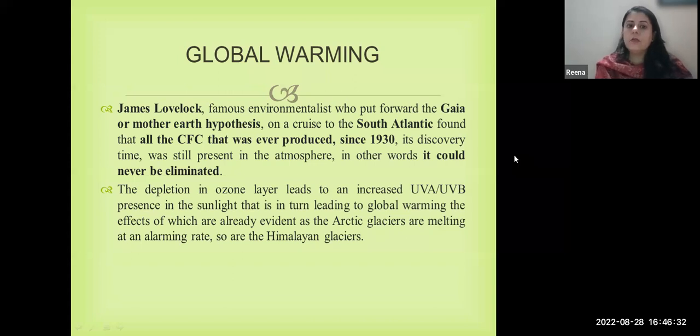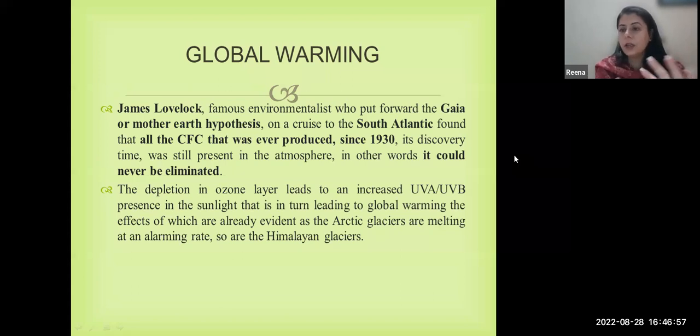Okay. So again, James Lovelock, the famous environmentalist, put forward the Gaia or Mother Earth hypothesis on a cruise to the South Atlantic. And he found that all the CFC that has been produced since 1930, whatever CFC you have produced and released in the atmosphere, is still there.